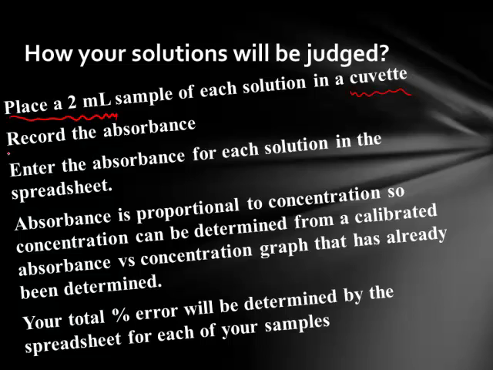You will record a reading on the colorimeter called absorbance, and you'll enter the absorbance into a spreadsheet for each solution. So, for each of those 4 solutions, you will measure an absorbance. Now, the absorbance is proportional to the concentration, so the more light that is absorbed by the solution, the greater the concentration.